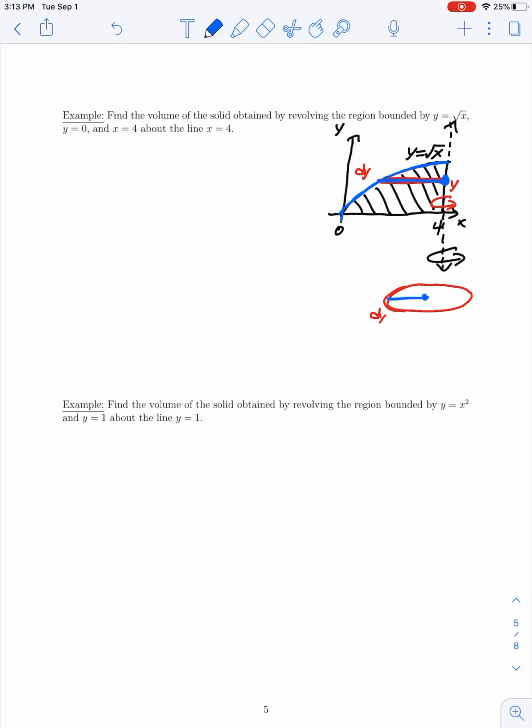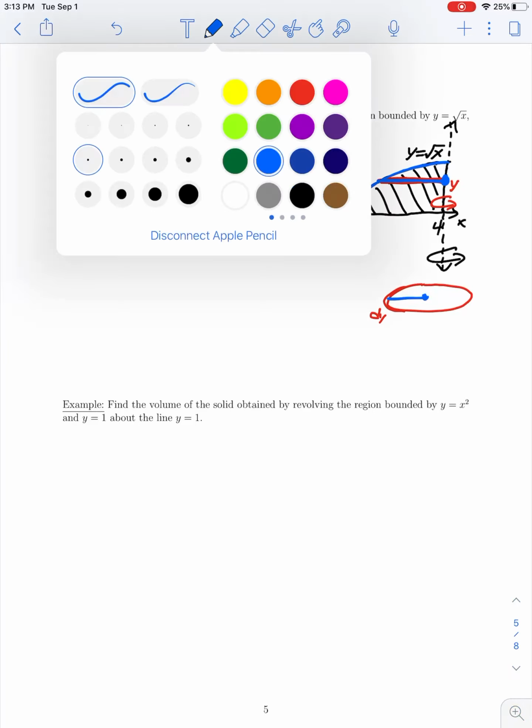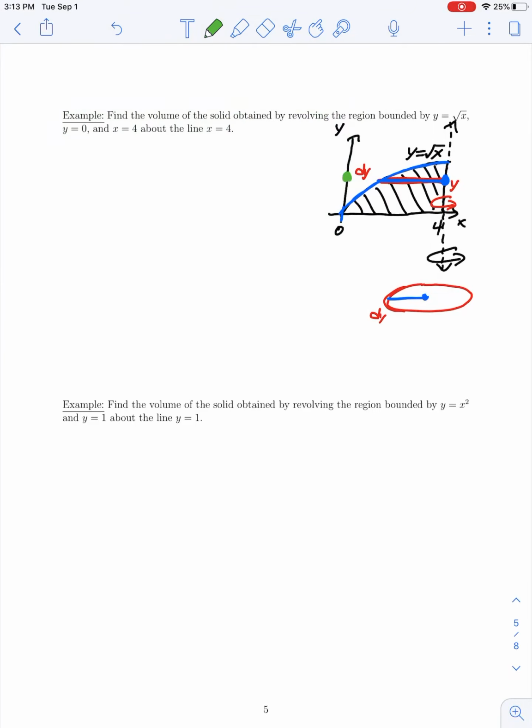So we know that the total distance from the y-axis, let me maybe use a different color, to the vertical line x equals 4 is 4 units. And from that value, to get my radius, I want to subtract the distance that I'm moving from the y-axis out to my curve.